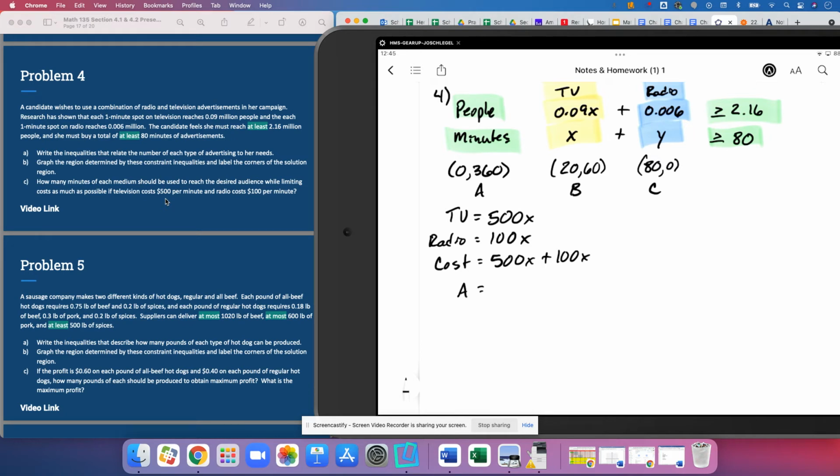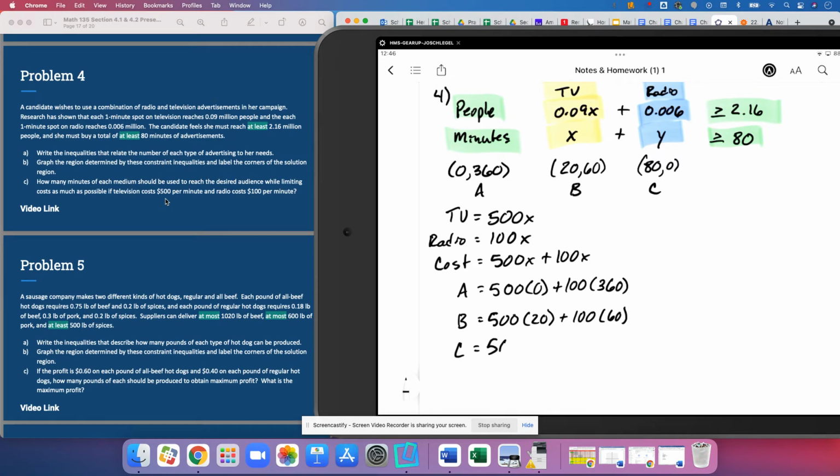So for point A, we have 0 minutes of TV and 360 minutes of radio. Option B is 20 minutes of TV and 60 minutes of radio.